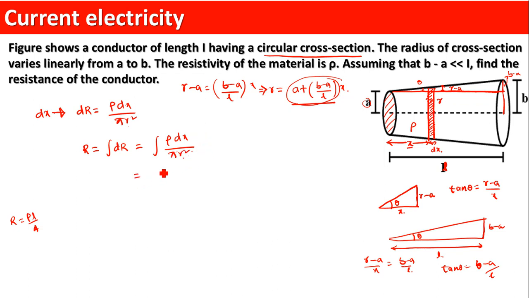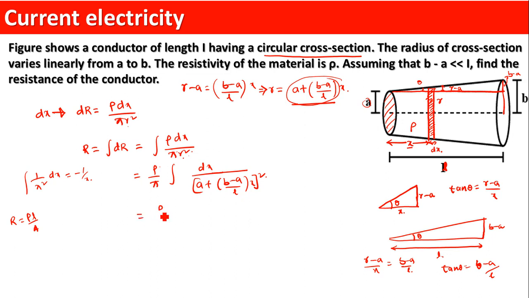Now rho is common here, and pi is also constant here, so I can take them common. So integral dx divided by, what is r square? A plus B minus A by L into x, and that has to be squared. It's like integral 1 by x square dx. What is the formula? Minus 1 by x. Here whatever is the coefficient of x, that should come in the denominator. Understand?